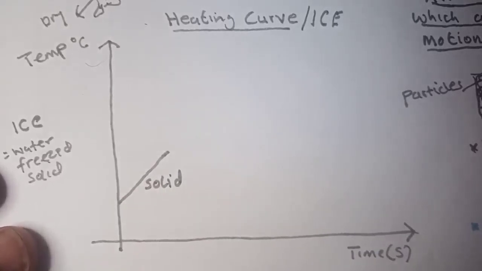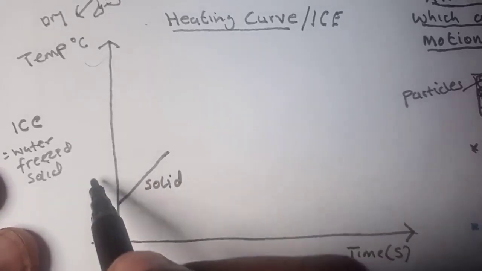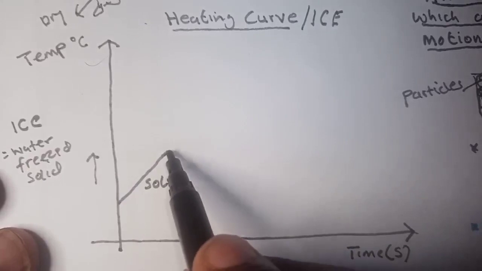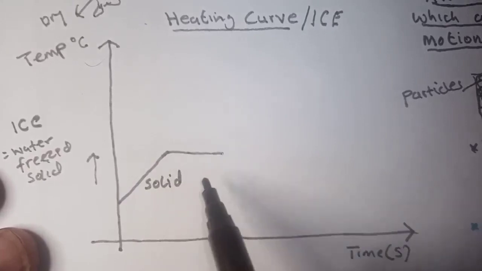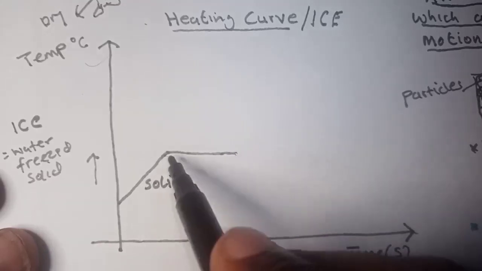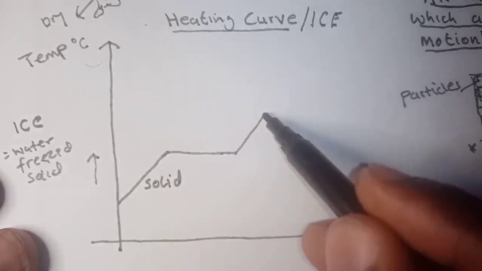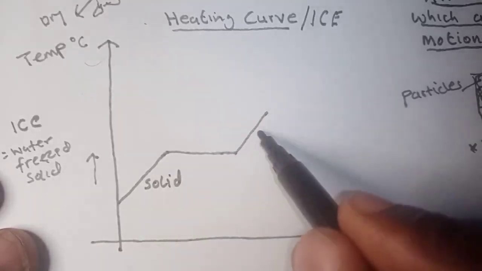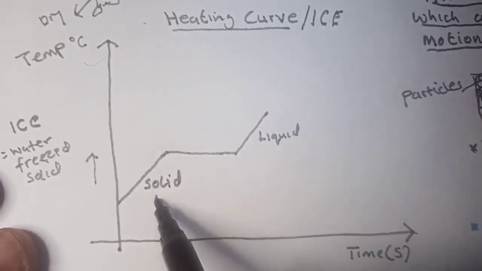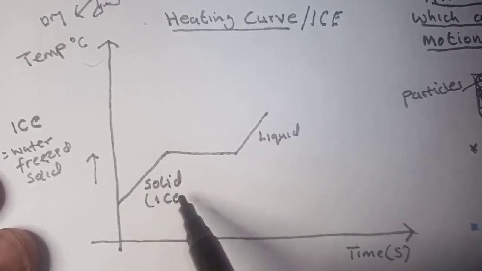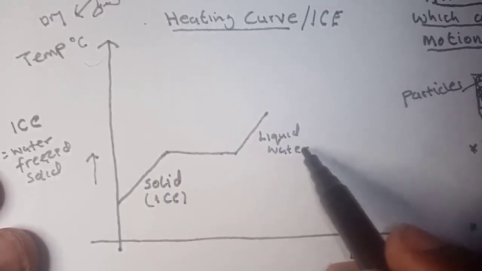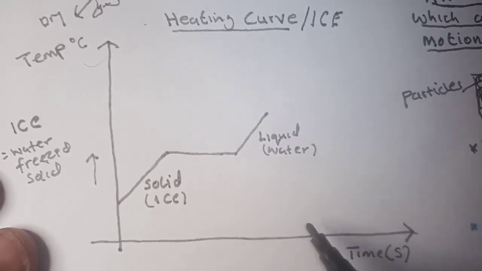As you are increasing the temperature here, it will reach a certain level where it goes flat. This is an important state for you to know. After it becomes flat, you find that it's no longer solid, it becomes liquid. So here it was ice, here it's now liquid, which is water.